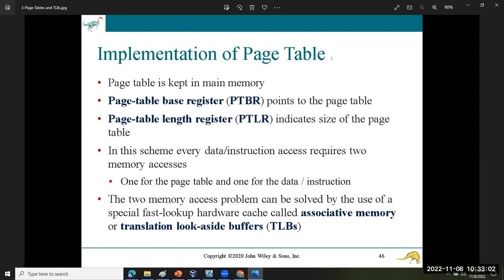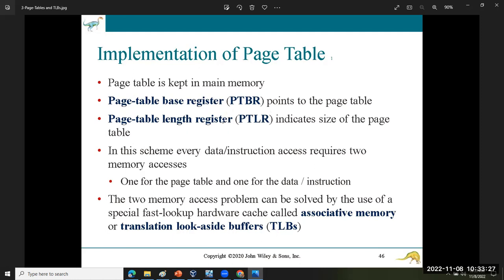So this last slide that I'm going to share, we want to call out this concept of a translation look-aside buffer. You have challenges with memory management. And yeah, the page table is stored in main memory. Page table base register points to the page table.